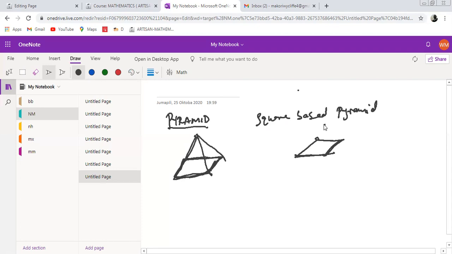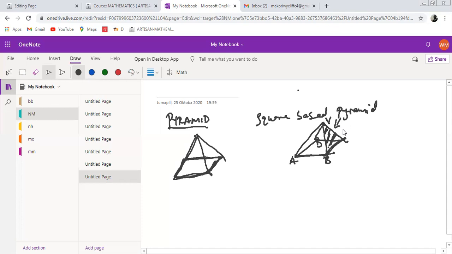So if we have the vertex there, and we draw it like that, you can have A, B, C, D, and then this one we can call V. If this is a square, this face that I've shaded here is going to be the same as this one, the same as the one on this side, and the same as the other one on this particular side. All the faces are going to be the same.